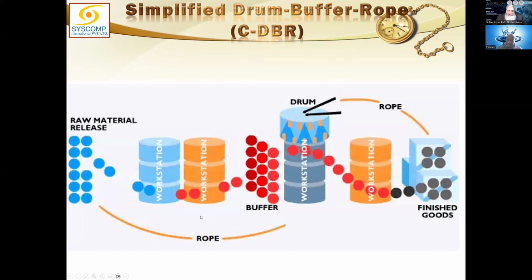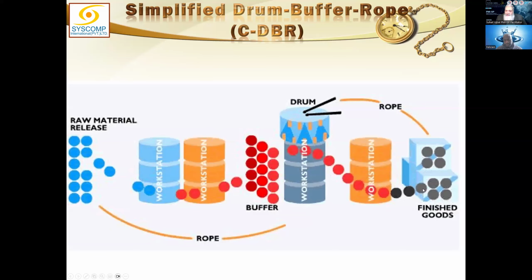So actually, it says that the rope is between the raw material and the constraint. Constraint in project management, we call it critical path. So this is the critical path. We have to process only that much which we can achieve in that critical path. And what we have to produce, we have to align with the speed of the workstation.